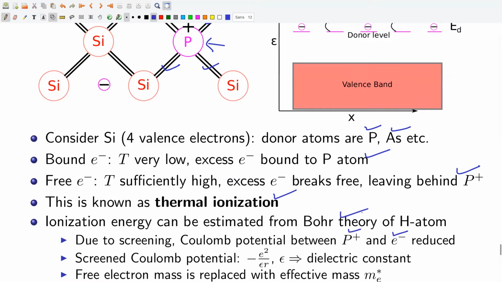Due to screening, the bare Coulomb potential e^2/r is reduced by a factor of 1/epsilon, where epsilon is the static dielectric constant of the medium in a covalent crystal. The factor 1/epsilon takes into account the reduction of Coulomb force between charges due to the electronic polarization of the medium. Free electron mass is replaced with effective mass me*.